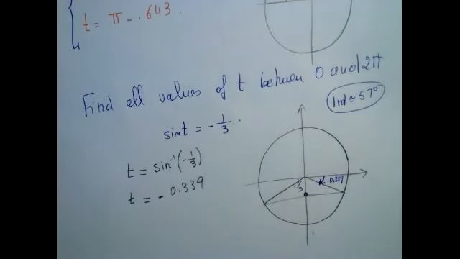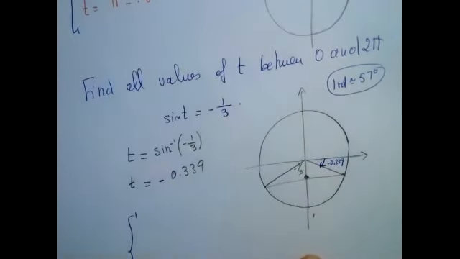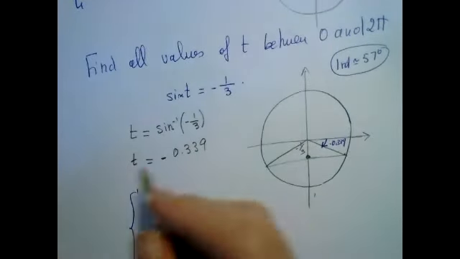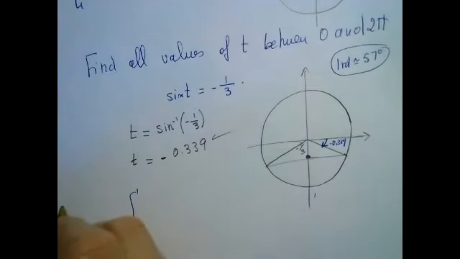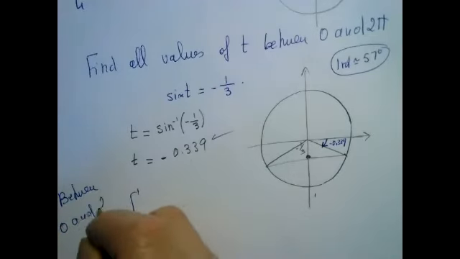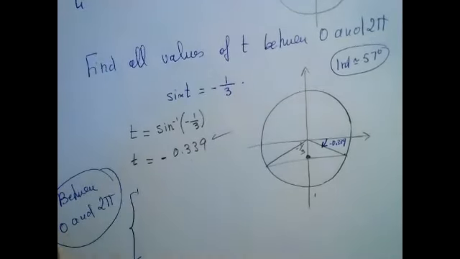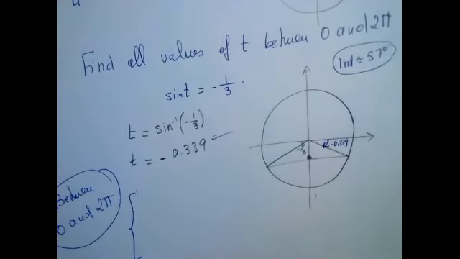Now, if I want them between 0 and 2 pi, who can give them to me? So this is one answer. So if we want between 0 and 2 pi, what are the angles between 0 and 2 pi?